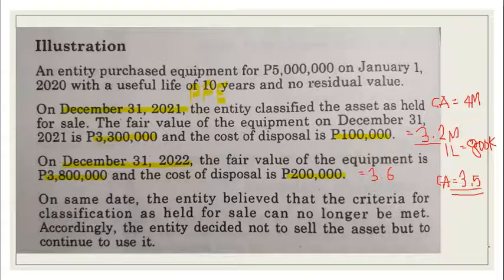You recognize that gain on reclassification and add it to your equipment held for sale. So that is debit equipment held for sale and credit gain on reclassification of 300,000, so that when you move from HFS to PPE, it is valued at 3.5.